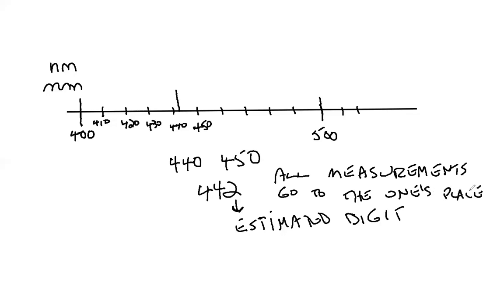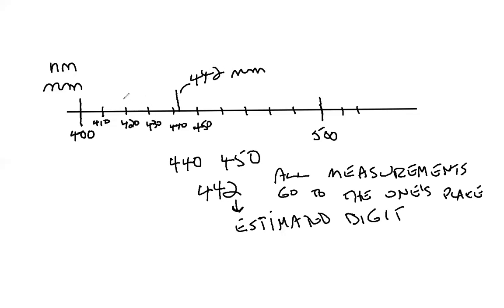Once you establish a measurement that's in between calibration marks, you've established it for the entire instrument. So here we say 442 nanometers is how we would report a measurement there.